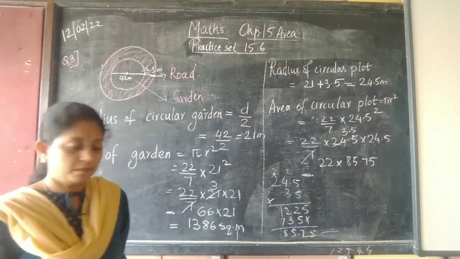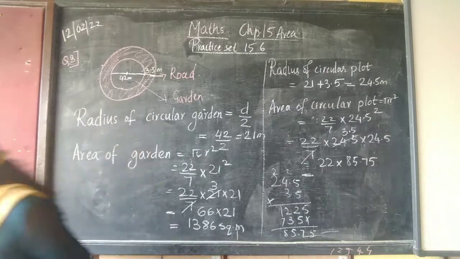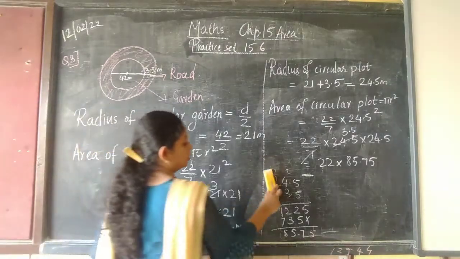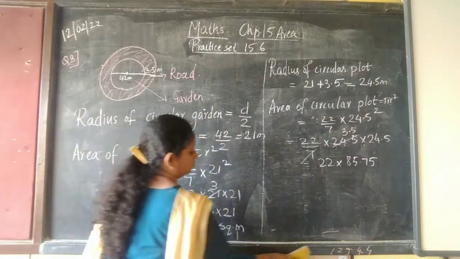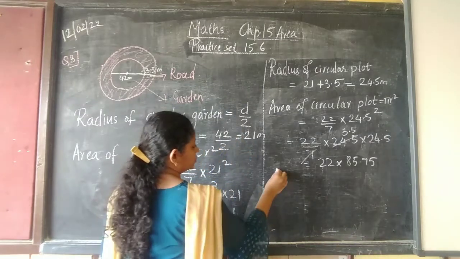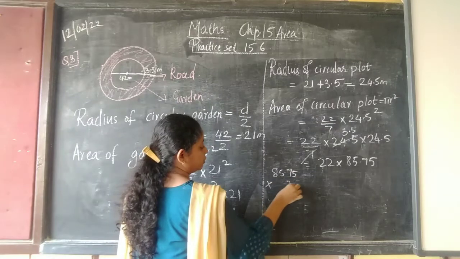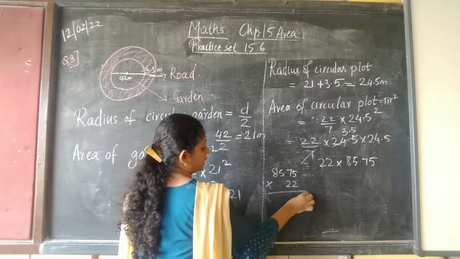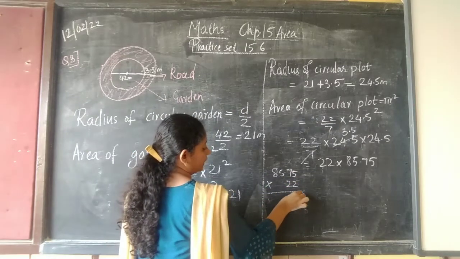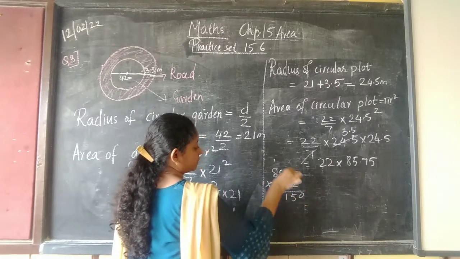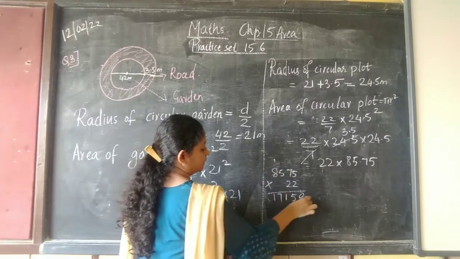You are going to multiply. When you multiply, what answer you are getting? So 85.75 multiplied by 22. 5 2s are 10, 7 2s are 14, 15, 5 2s are 10, 11, 8 2s are 16, 17.